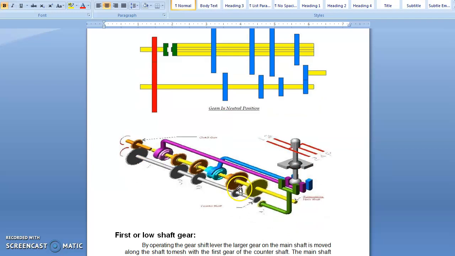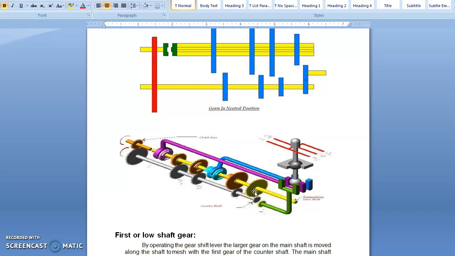In the first gear, the driver selects first gear using this handle. When these gears are engaged, the gear ratio between them is 1:4. That means if the counter shaft gear rotates 100 times, the first gear on the main shaft rotates 25 times.